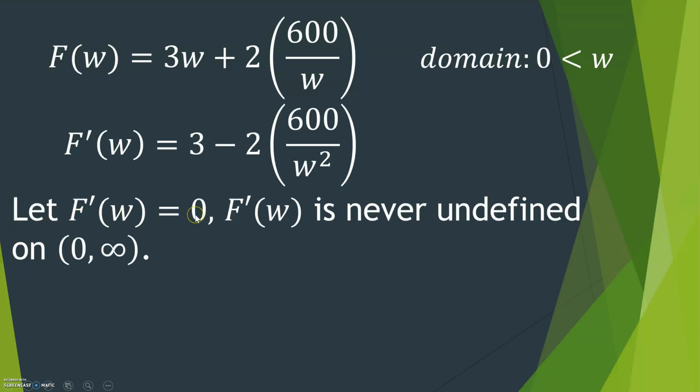So we're going to set f prime equal to 0, but the only place f prime is going to be undefined is when w equals 0. That's not in the domain where we're looking. I don't want my AP reader to think I forgot about critical values or where a first derivative is undefined, so I think it's wise to make this statement: f prime is never undefined from 0 to infinity.